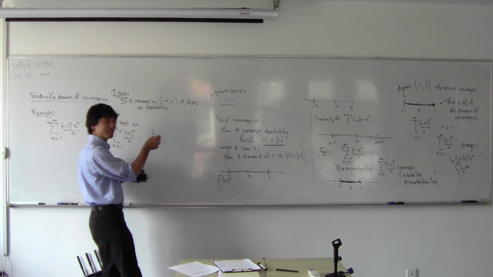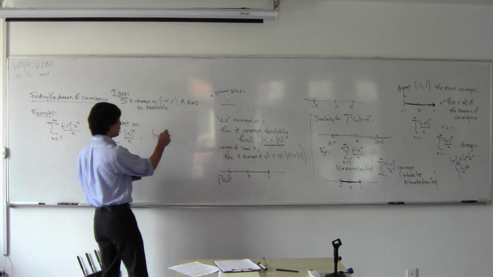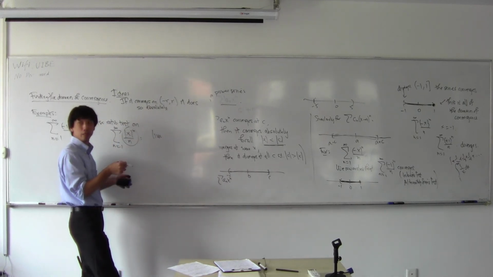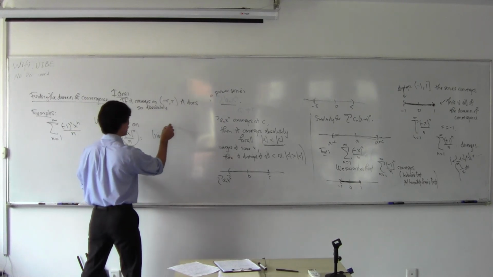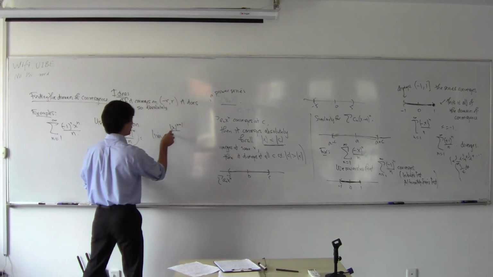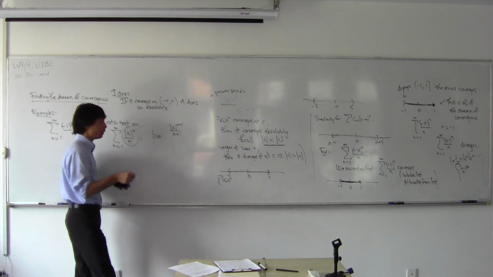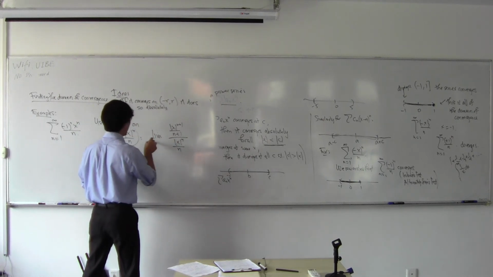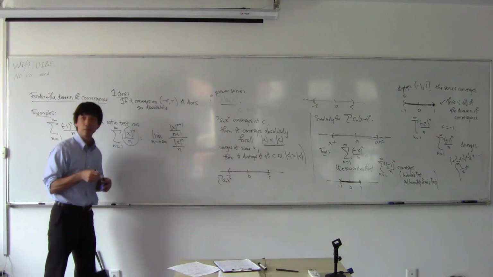n plus 1 over n. Yeah, so you take the n plus 1th term, you divide it by the nth term, right? And you take the limit as n goes to infinity, right?